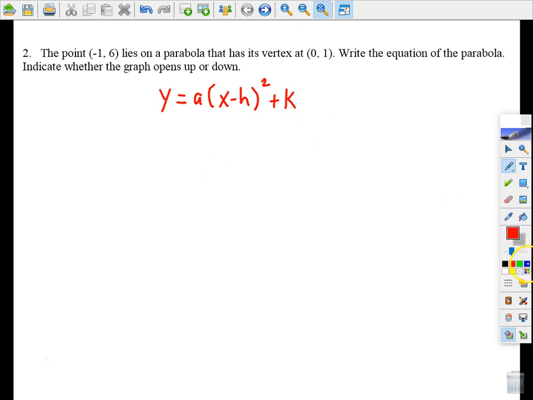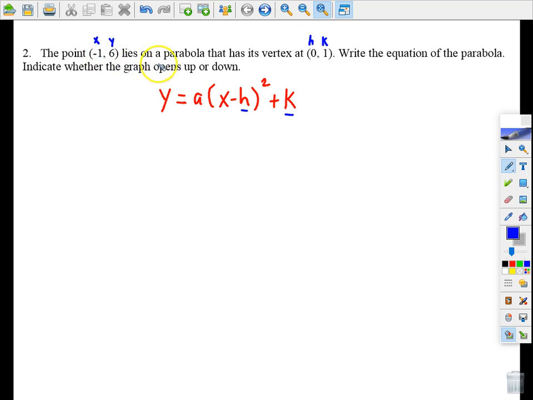All right? So remember, in vertex form, H and K stand for the vertex. So let's go ahead and label this ordered pair as H is 0 and K is 1. And then over here, this other ordered pair just takes on the typical X, Y coordinates.